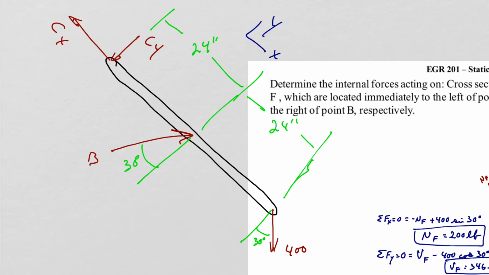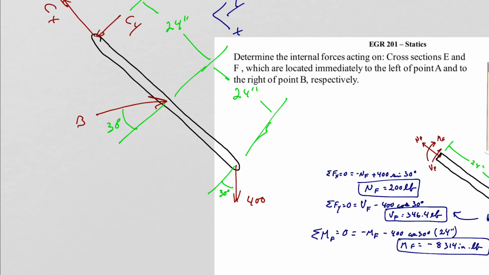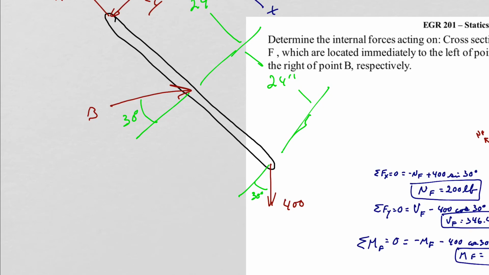Okay, we use the same methods typically for solving this type of problem. With unknowns, we take a moment at one of the points, then we sum our forces in X and Y. I'm going to do this one a little differently. Typically, I sum my moments at point C to get rid of those two unknowns, but I'm going to do this one differently and solve it at B. I'm going to sum moments at B and say that equals 0.